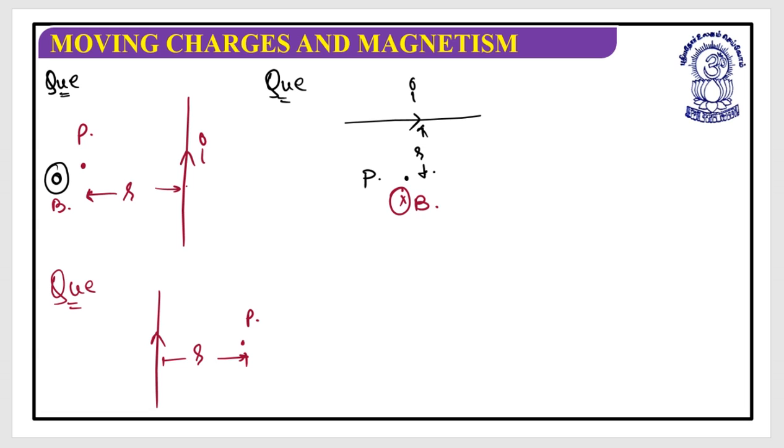Arrange your right hand in the direction of the current carrying conductor. Yes, first task has been done. Now stretch your fingers towards the point where magnetic field is required. So now, again, this is downward direction or inside direction. So this is the direction of magnetic field according to the right hand palm rule.